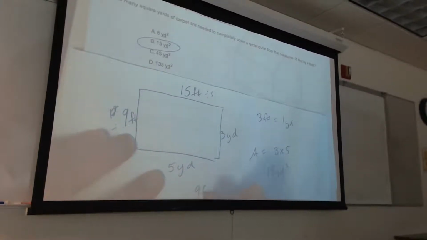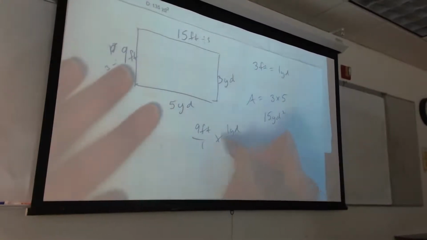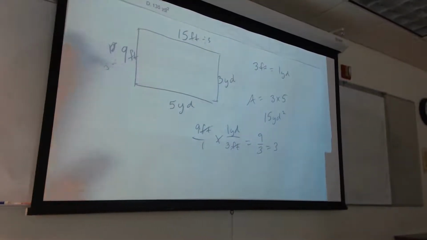So if it's 9 feet, right? You're going to multiply it by the conversion, or sorry, divide. Remember this? And then you cancel out the feet. So now you have 9 over 3, which is 3. Yeah. Or you could think of it as a proportion too. I think I just do it intuitively. But you're right, that doesn't always come intuitively.